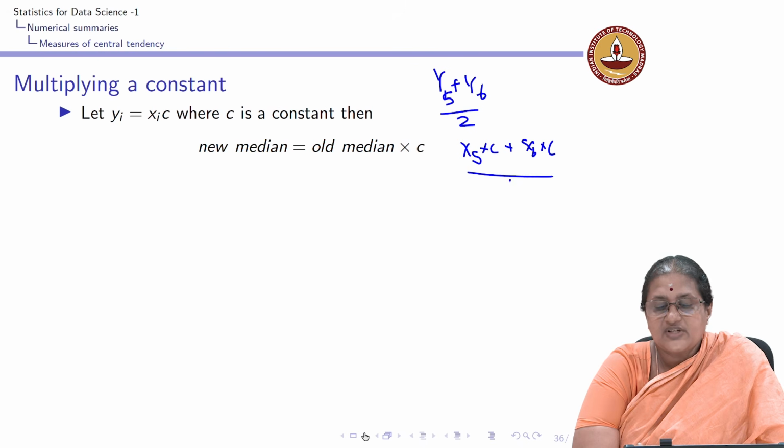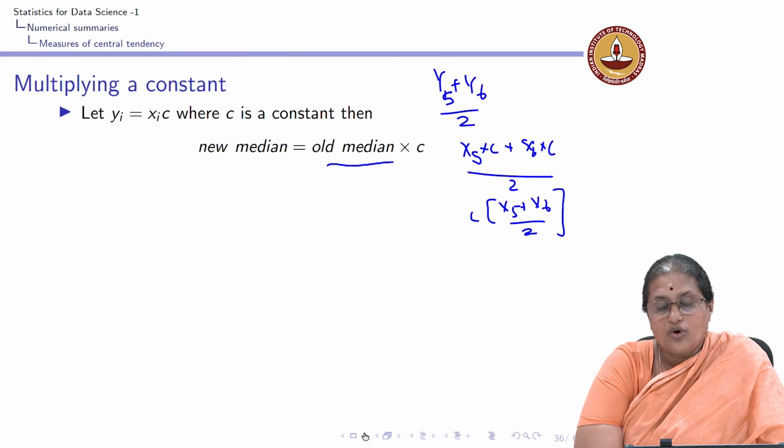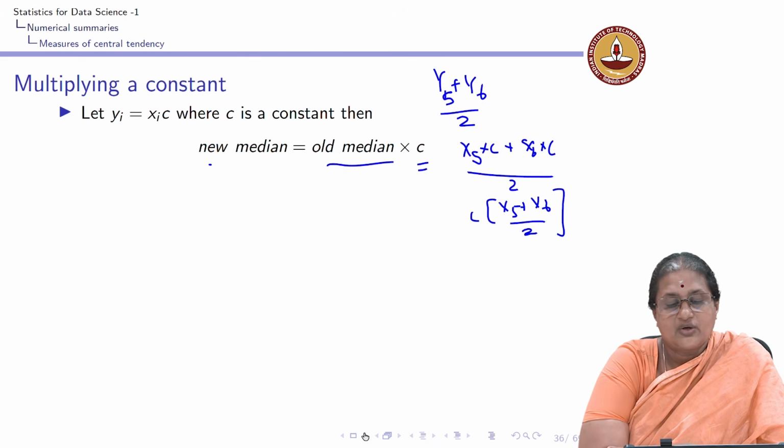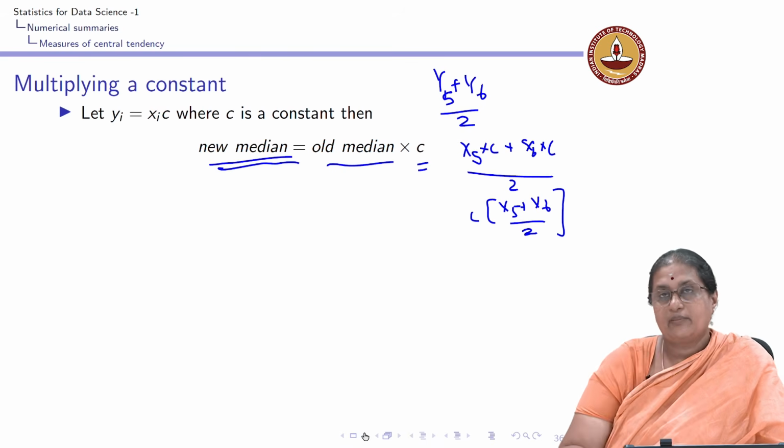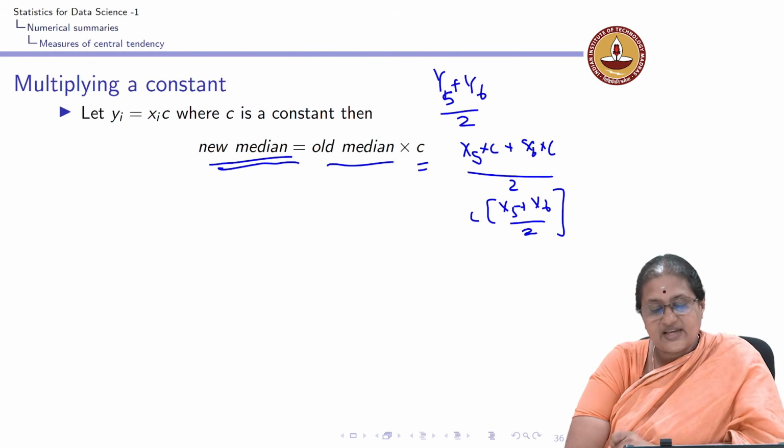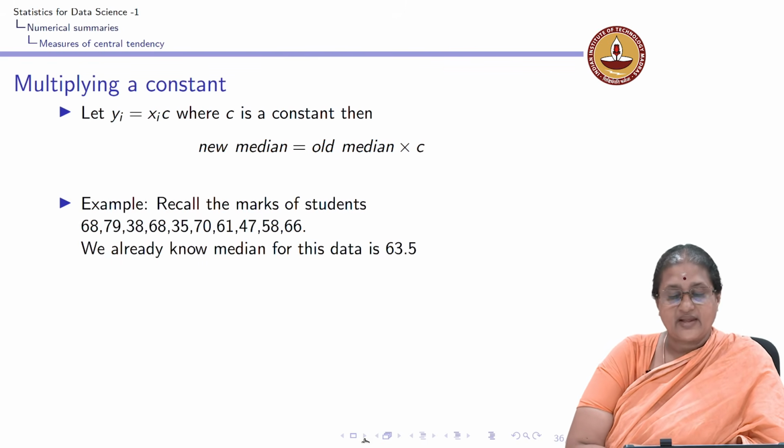I can take out the c, so I have c into x5 plus x6 by 2. X5 plus x6 by 2 was my old median. So my old median multiplied by the constant will give me the new median. And this we can see in our example.